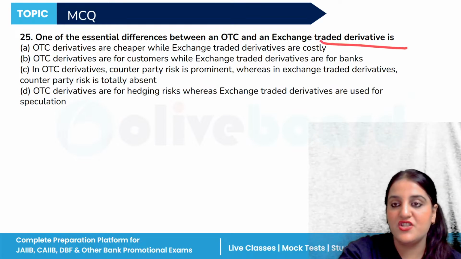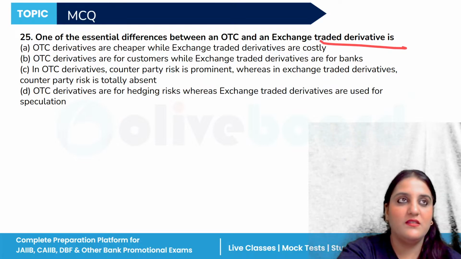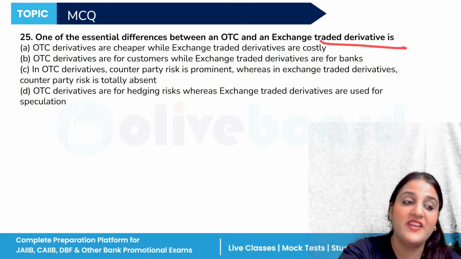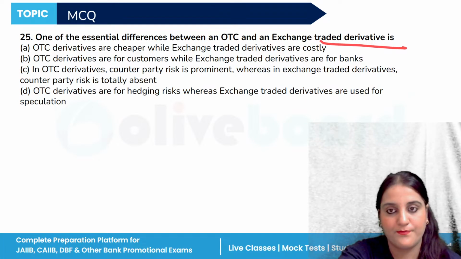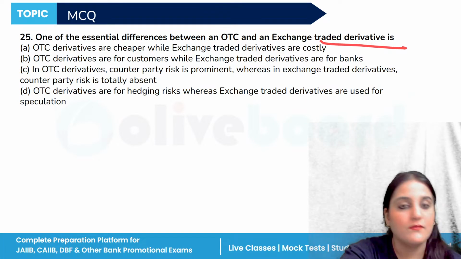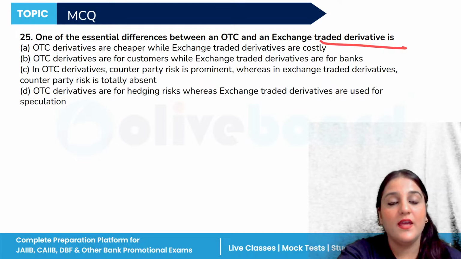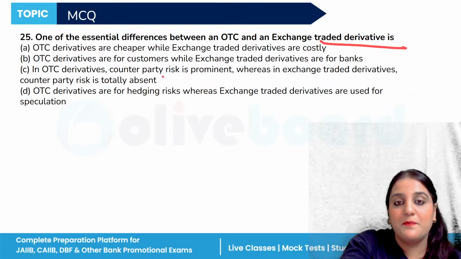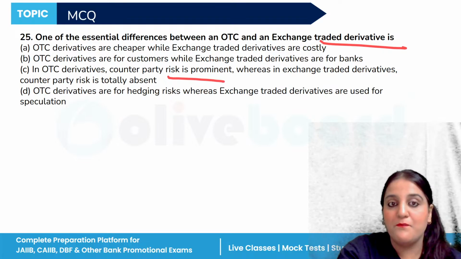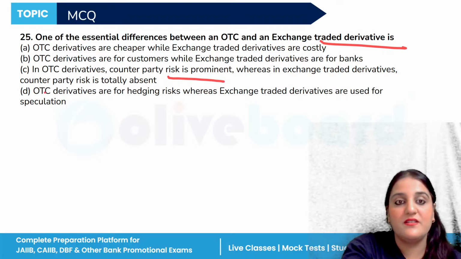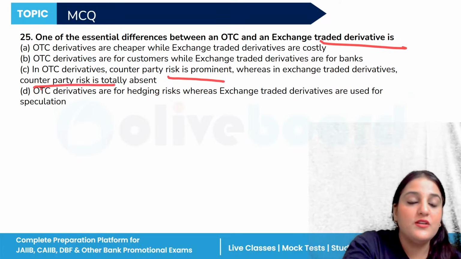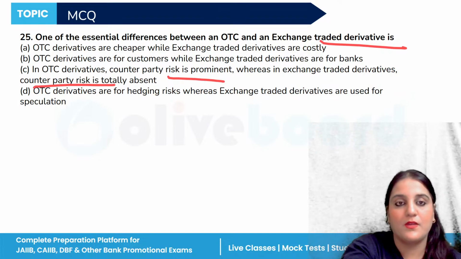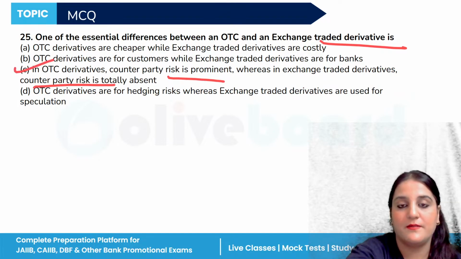And exchange traded derivatives are standardized contracts that are traded on regulated exchanges. So in OTC derivatives, counterparty risk is prominent, but in exchange traded derivatives, counterparty risk is totally absent. So option C is correct here.